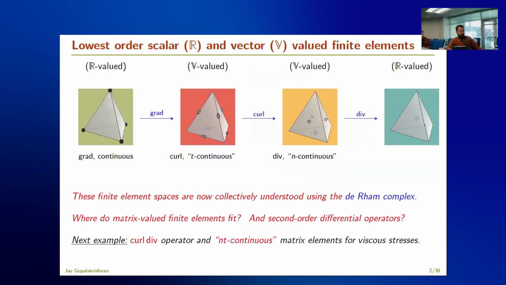But I'll just focus in the next few slides on a second-order operator that is a composition of curl and divergence on matrix fields. So the divergence is applied on a matrix field row-wise, and it turns out that NT continuous matrix elements are appropriate for this, and what exactly this means will be clear as we go.